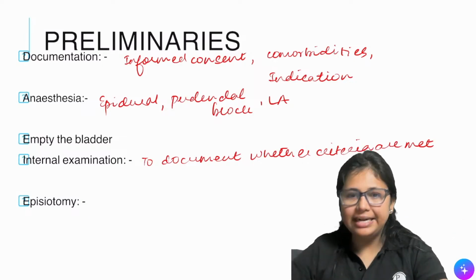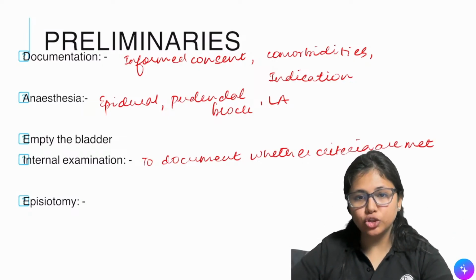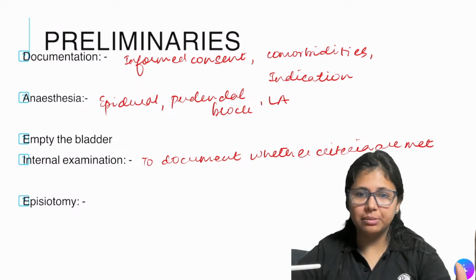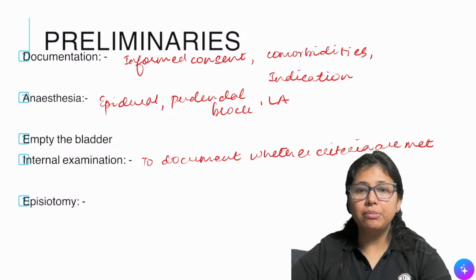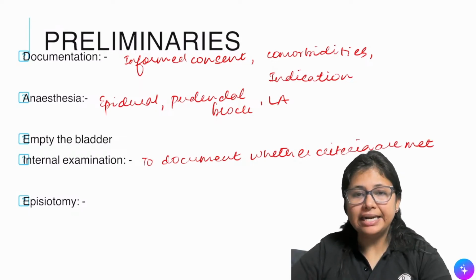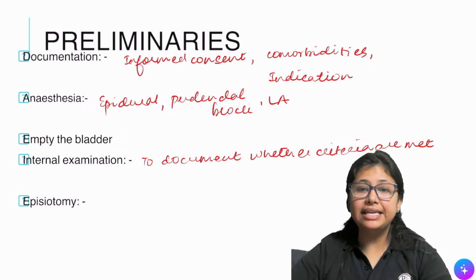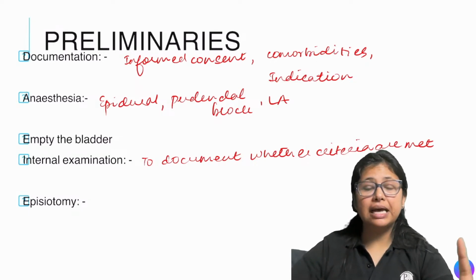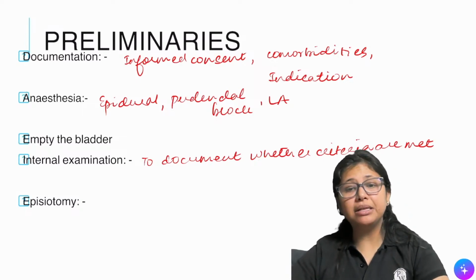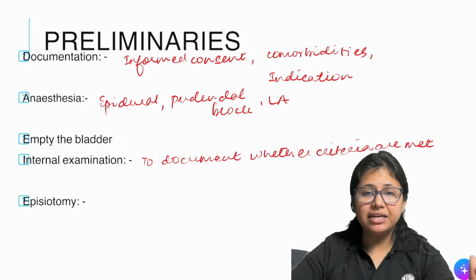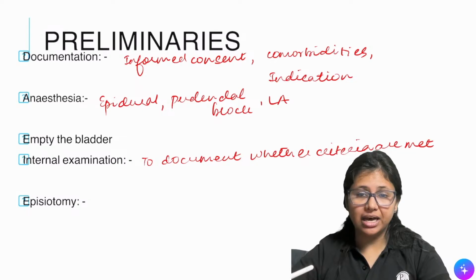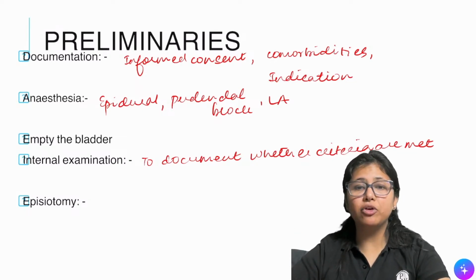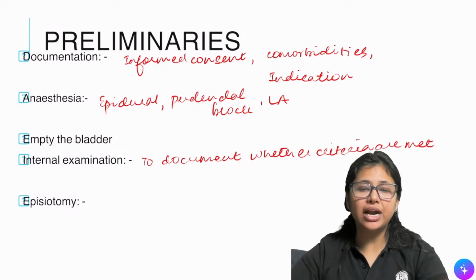So you might be right in thinking that yes, maternal exhaustion is happening, fetal distress is happening. So this is a valid indication for taking out the baby through instrument, and you would probably be right in taking it out if the internal examination criteria are met, right? But if your internal examination criteria are not met, for example, the mother is exhausted, the baby is having fetal distress, you need to deliver the baby fast, but your os is not completely open, it is only, for example, 5 centimeters open, and you try to apply the forceps.